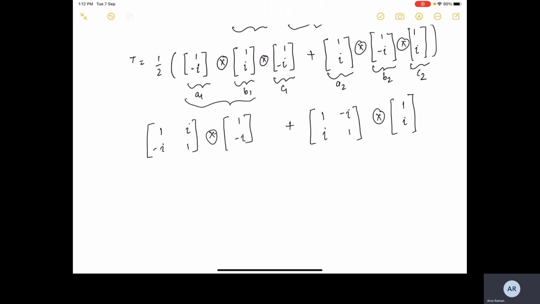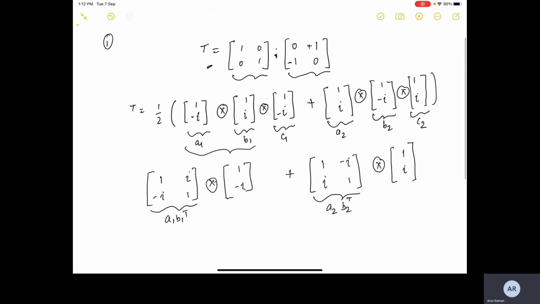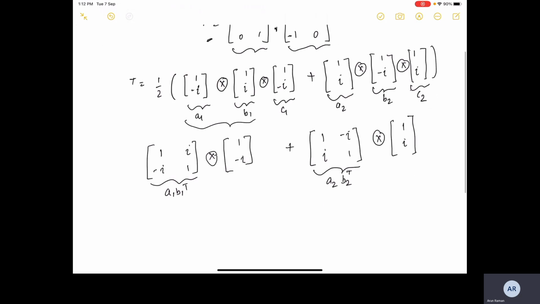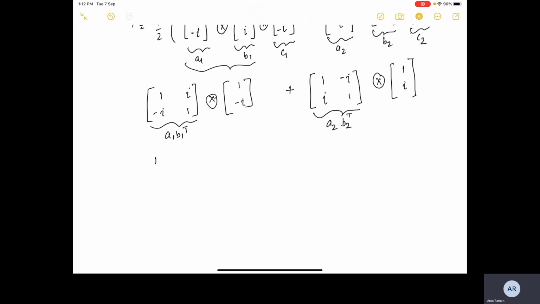So what we mean is that when we multiply the matrix A1 B1 transpose by 1, and the matrix A2 B2 transpose by 1, and add, we will get the first matrix of the tensor. That is what we see here: 1, i, minus i, 1. This is the matrix we obtain when we multiply A1 B1 transpose by 1.